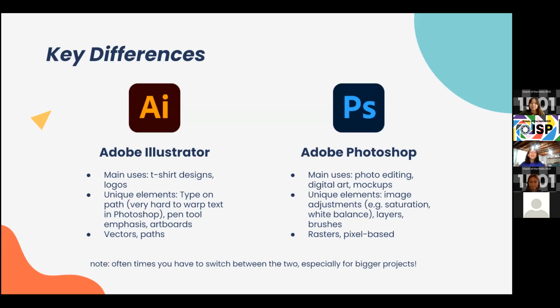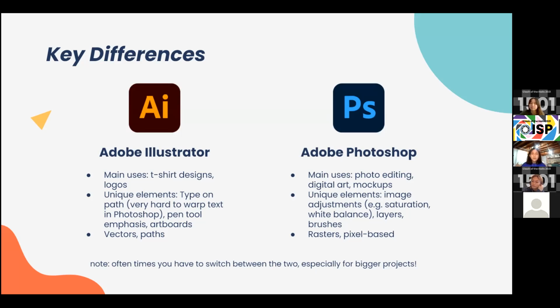A unique element of Illustrator is that you can type on a path, making it easier to warp the text, which is not super easy to do in Photoshop. There's also a big emphasis on the pen tool, and you can do multiple artboards in Adobe Illustrator, meaning you're not confined to making one art piece. It's a lot easier to work on multiple different things in one file.